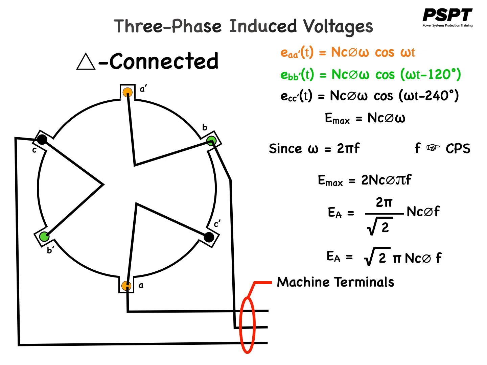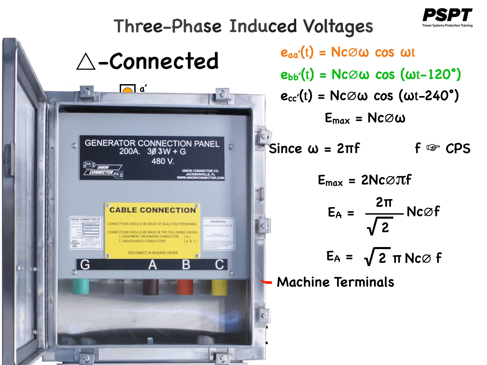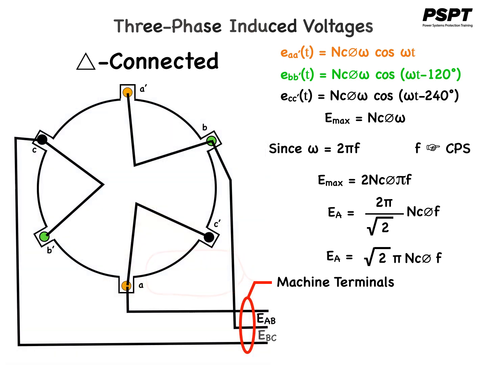The connections are brought out to the machine terminal, which in a real-life example would look something like this. And again, ignore the color coding. Notice at this time there is no neutral, so there are only phase-to-phase voltages.